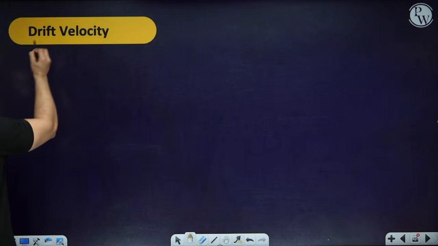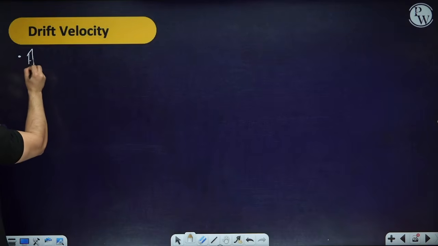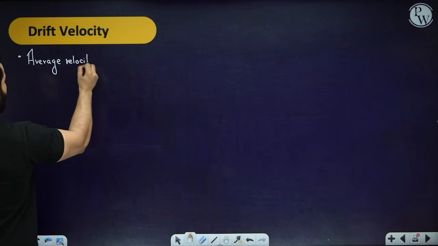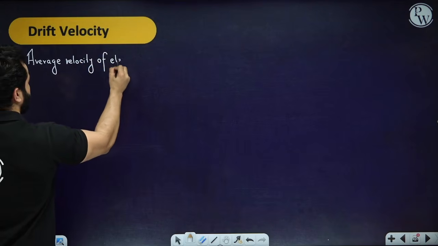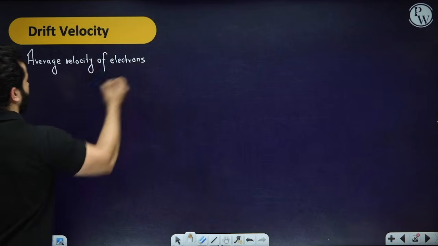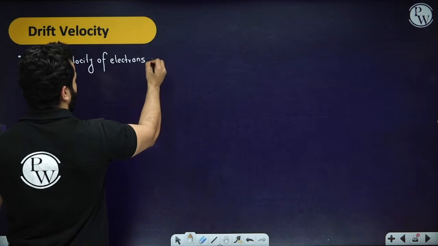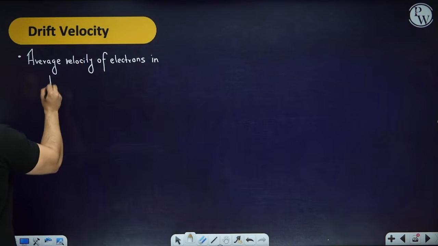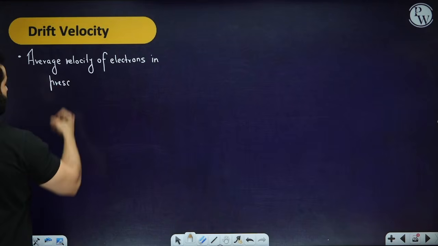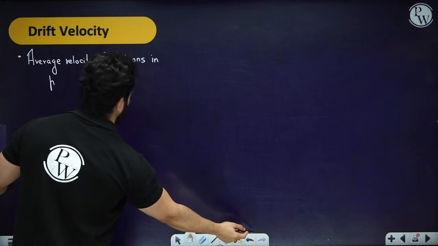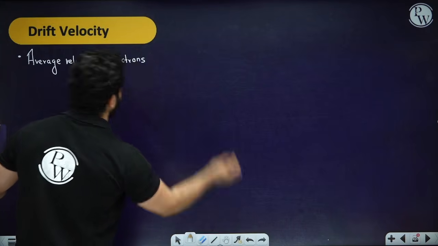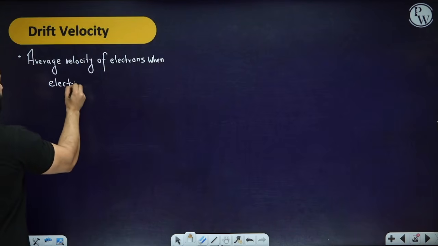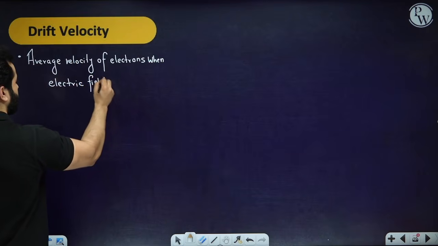See, the drift velocity can actually be defined as the average velocity of electrons when electric field is applied.